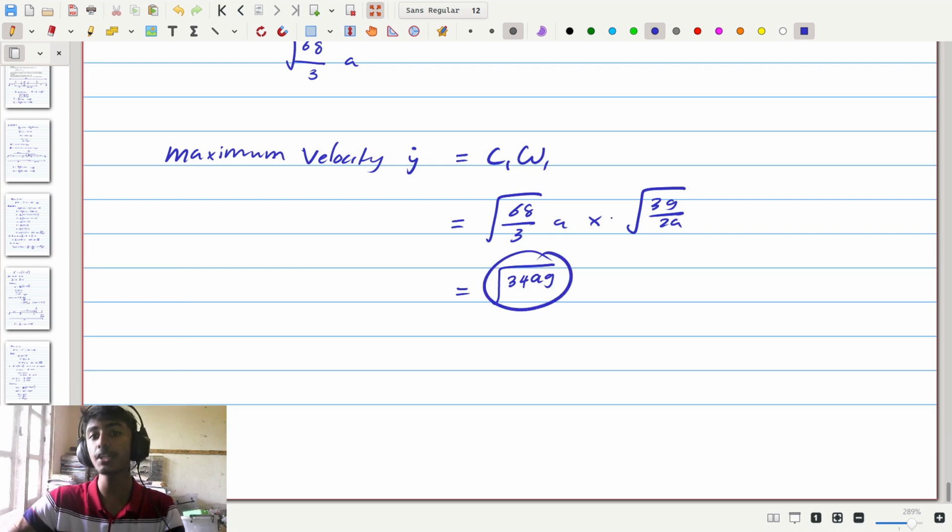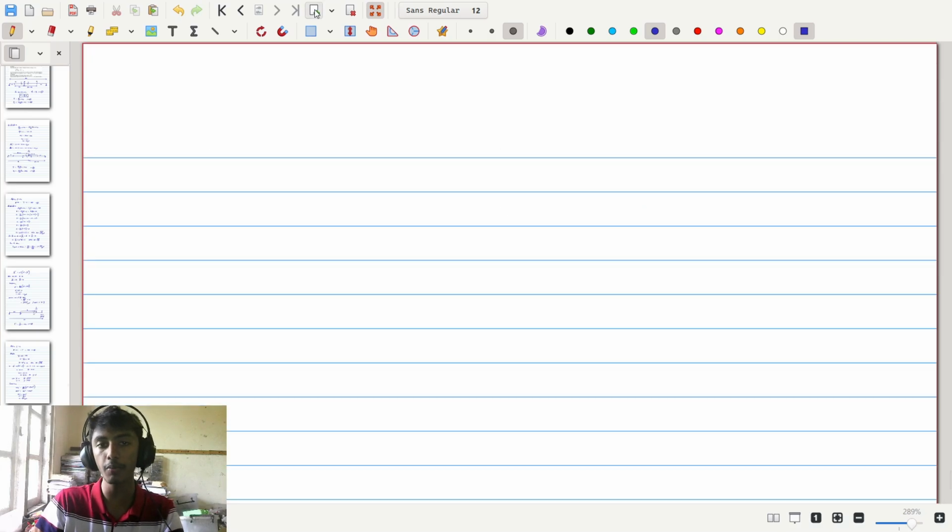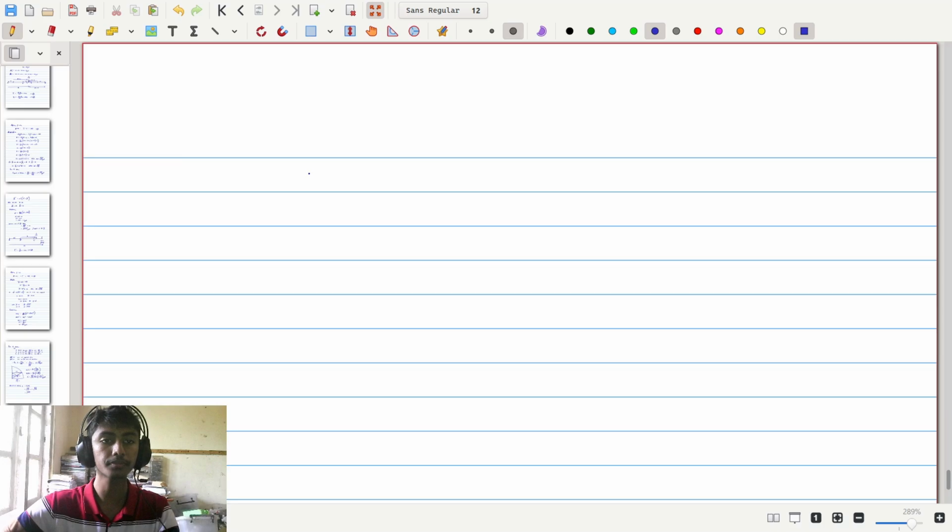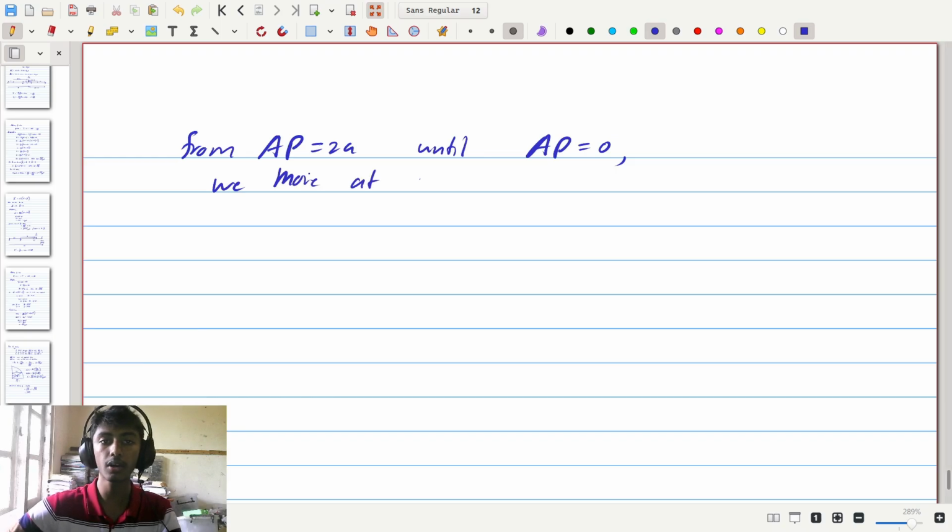So the square root of 34ag is the velocity achieved at the end when y is equal to 0. Therefore, from y equals 0 until y equals negative 2, which is the final point, we are moving under just momentum. So from AP equals 2a until AP equals 0, we move at a constant velocity.